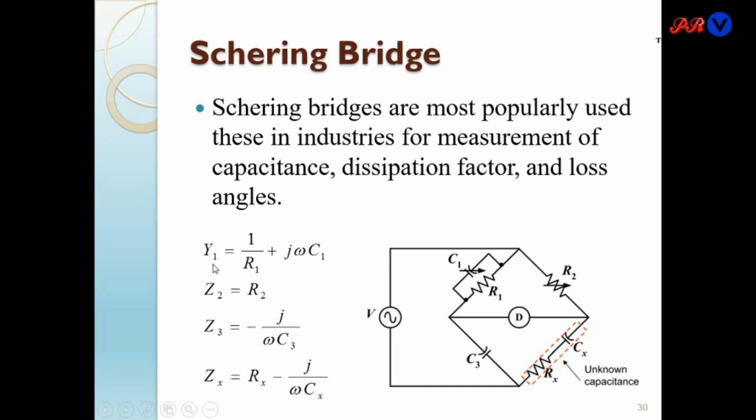So this is the admittance of this arm, and Z2 is R2, Z3 is C3's impedance, while Z4 or Zx is Rx minus j upon omega Cx. Similarly, we will calculate the values of Rx and Cx by balancing the bridge. Whenever the bridge is balanced, the product of the impedances of these two arms is equal to the product of the impedances of these two arms.